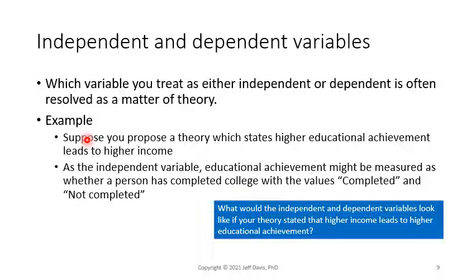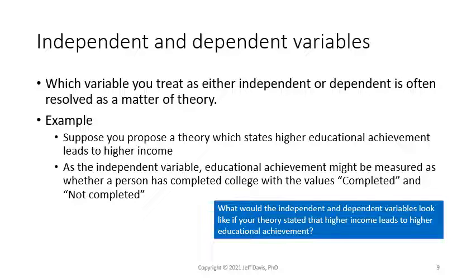So in most cases, the variable that should be treated as the independent variable or as the dependent variable is almost self-explanatory. It's kind of obvious on its face, but sometimes it's decided by theory. I might have a theory that says that higher educational attainment leads to higher income.